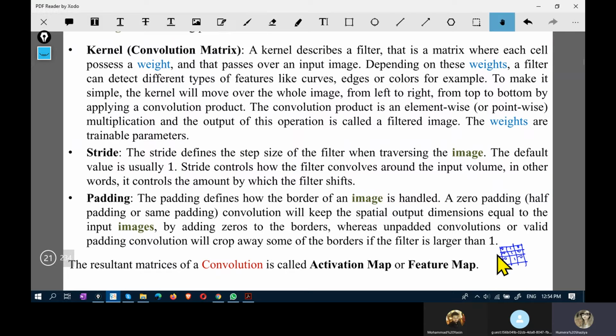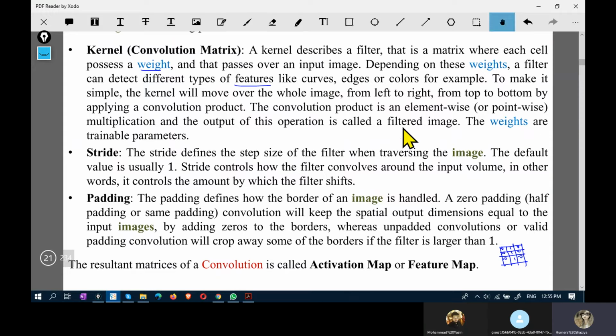This is also known as filter. So a convolutional layer has a kernel or a filter, and every cell in this filter will have a weight. That weight you apply onto the input image pixel values, and depending on these weights, these filters will find the features.